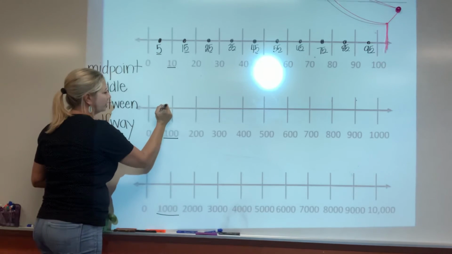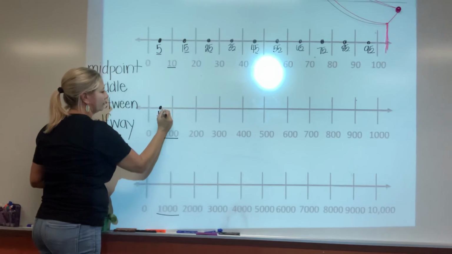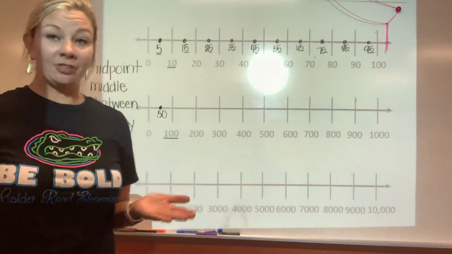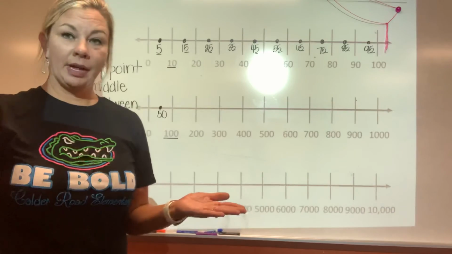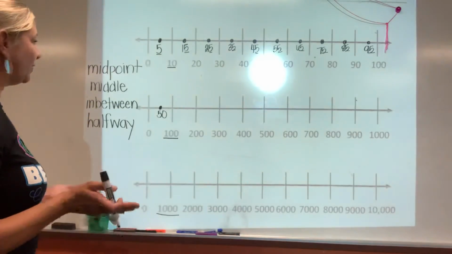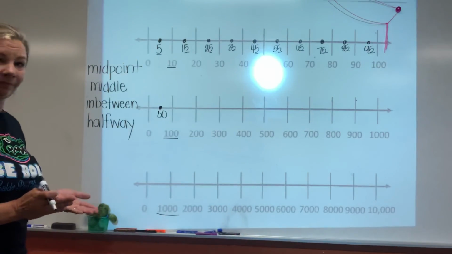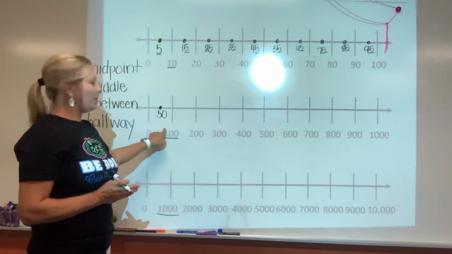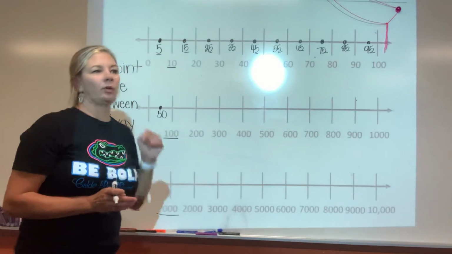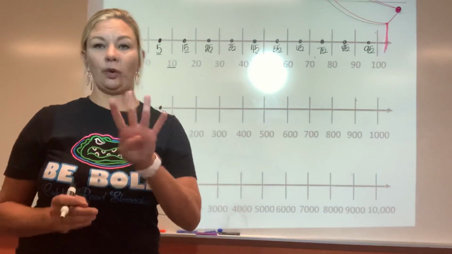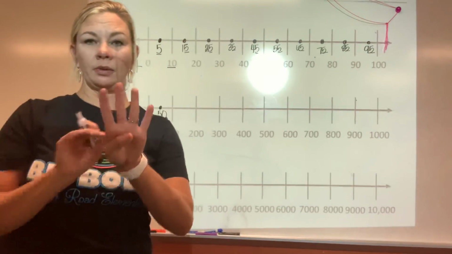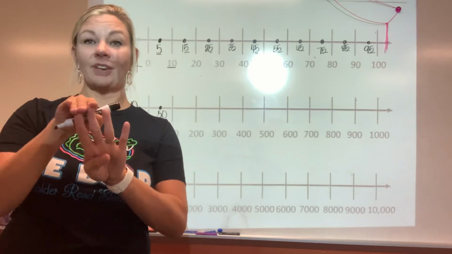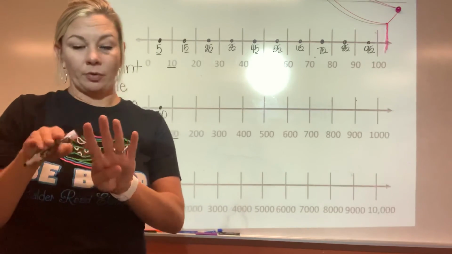That number is 50. 50 is in the middle at the midpoint between 0 and 100. So 50 is halfway on our number line. When I think about the hundreds, I think about money, okay? So if I have 4 quarters equal what? $1, which is 100, okay?